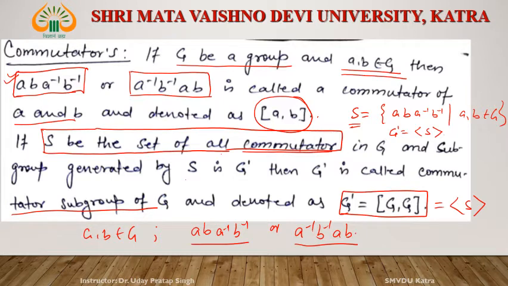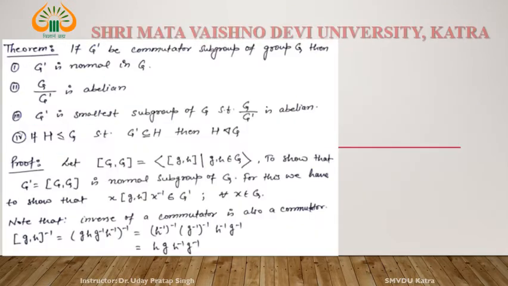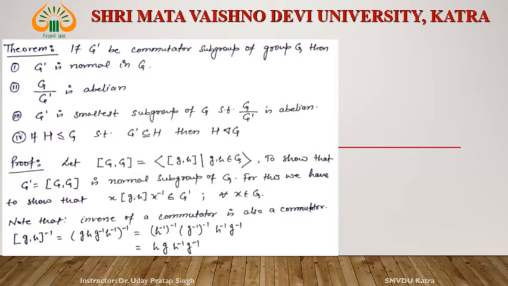Now let us see the theorem related to this commutator. If G prime is the commutator subgroup of group G, then G prime is normal.